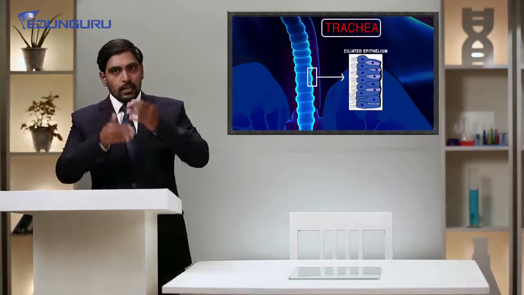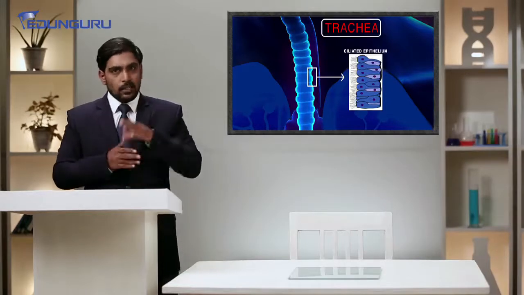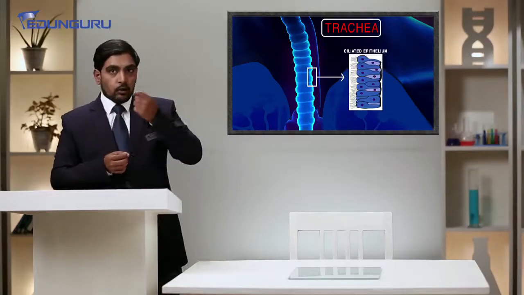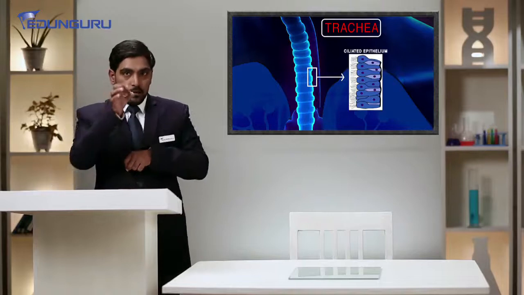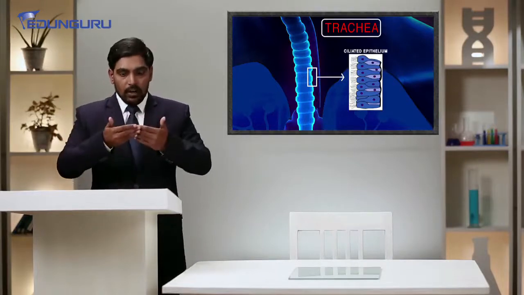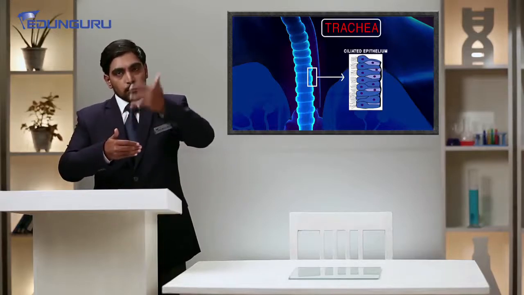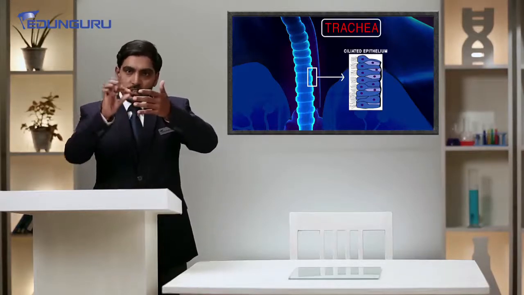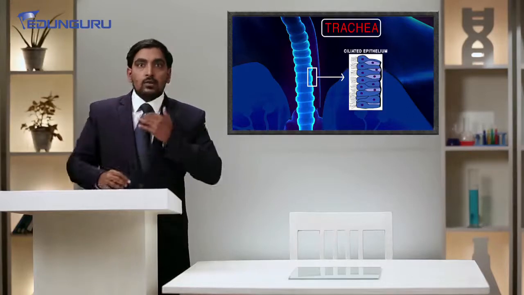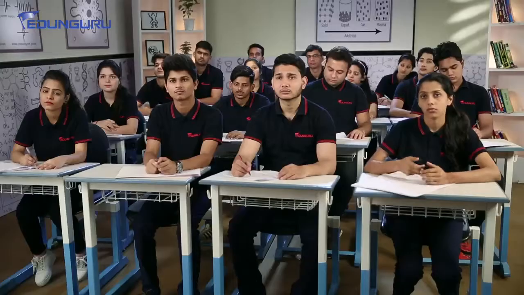So the cilia tries to trap that dirt particle. That is one part. Second, when you talk and you have gulped something into the windpipe, when you cough, what happens? The cilia shows ciliary action. It moves at its place, and when it moves, it pushes the food little bit up and up so that it comes back into the pharynx. This is due to the stratified ciliated columnar epithelium.